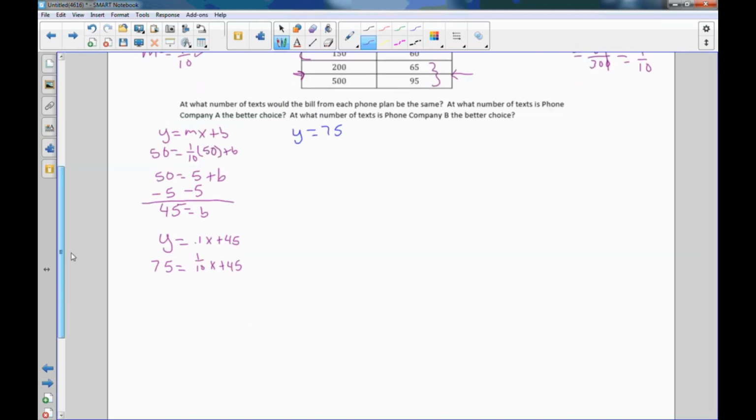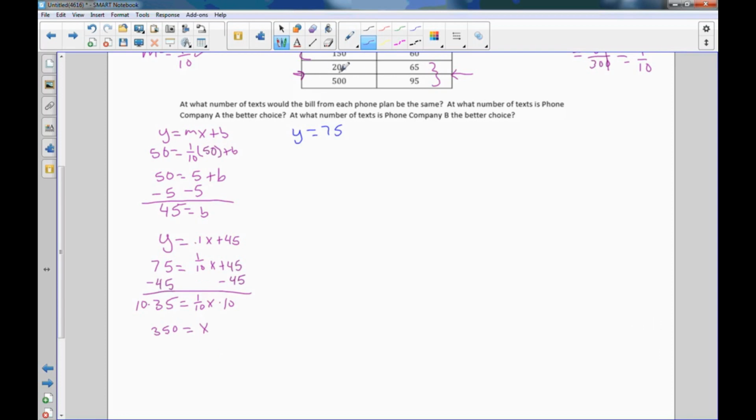I want to find out how many texts I can send that would cost me $75, so I subtract 45 from both sides. That leaves me with $35 it cost me to text. And if I have 1/10 of a dollar per text, and I multiply both sides by 10, then x will equal 350 texts.